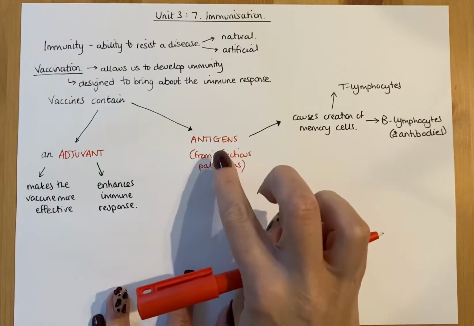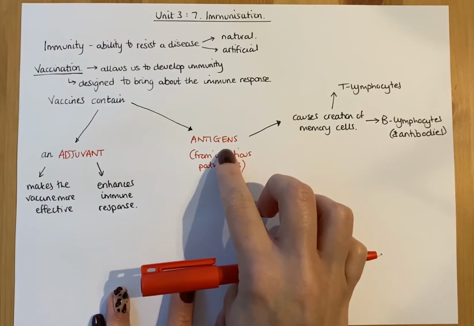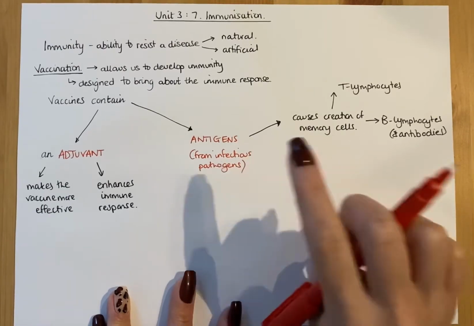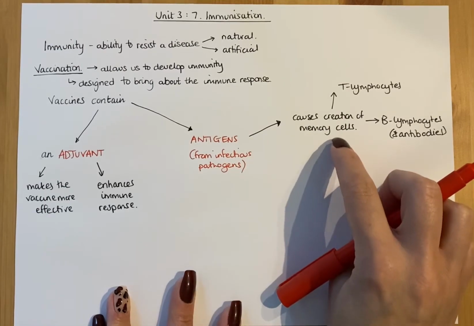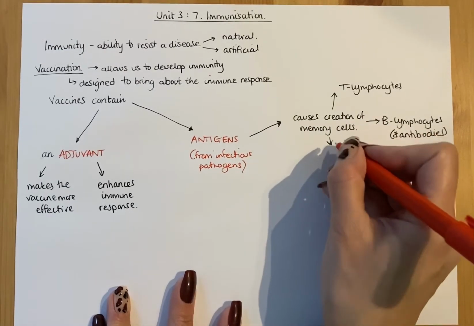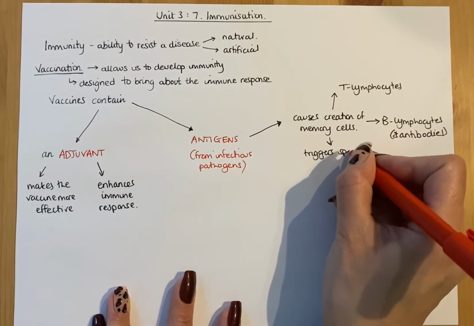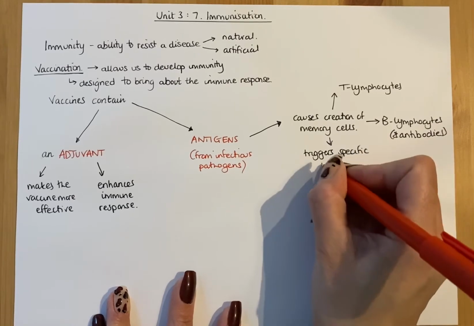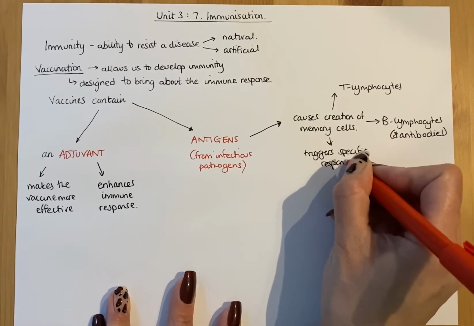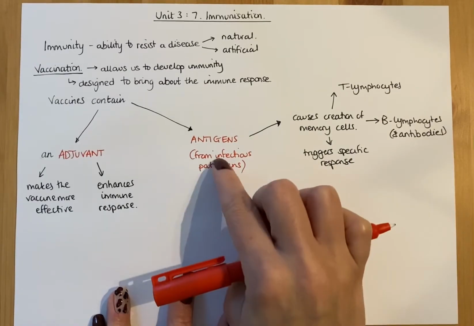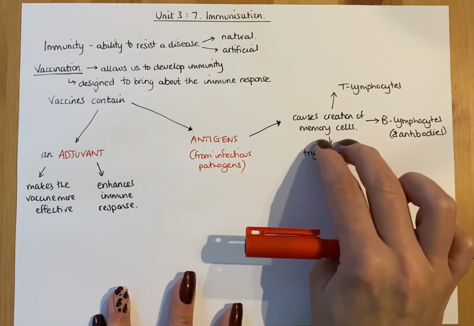So when you have a vaccine with antigens in it, which you are injected with or have as nose drops or something like that, your body starts to bring about the specific immune response. It triggers the specific immune response, and brings about the creation of T lymphocytes and B lymphocytes to attack and destroy those antigens, and then those are kept as memory cells as well.